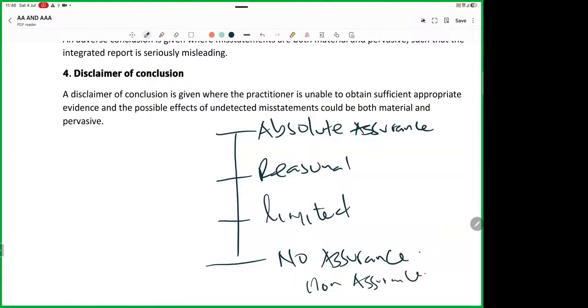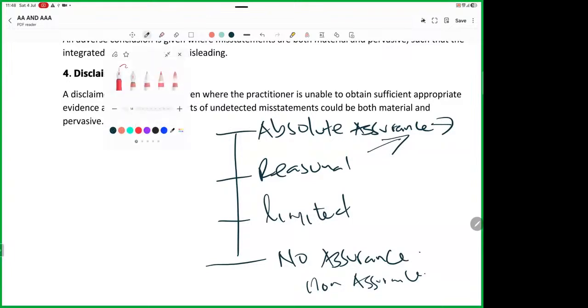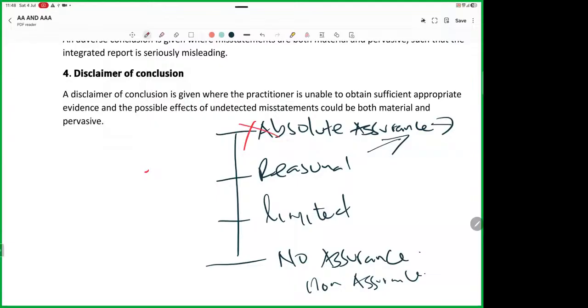If you want me to give absolute guarantee, absolute assurance, then you have to give me a lot of money because I have to go through each document. This one does not exist in practice. Reasonable assurance is what we work with in most of the cases.